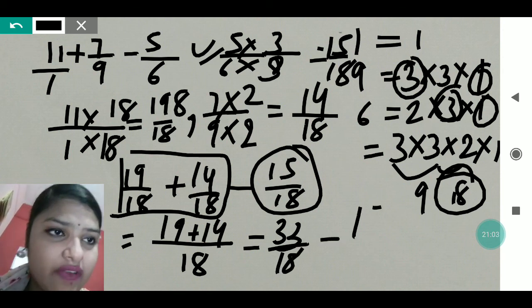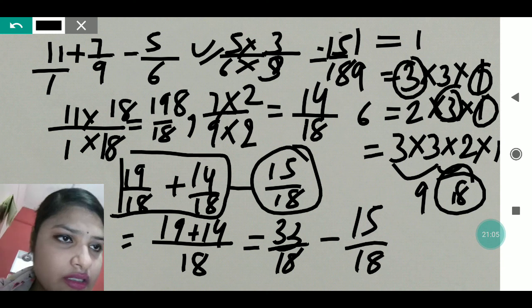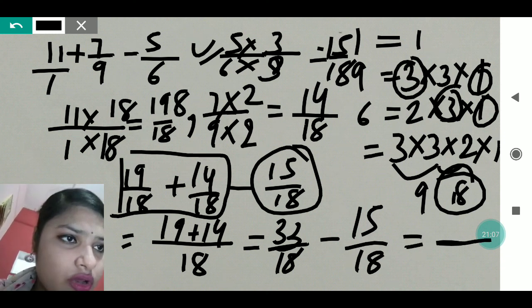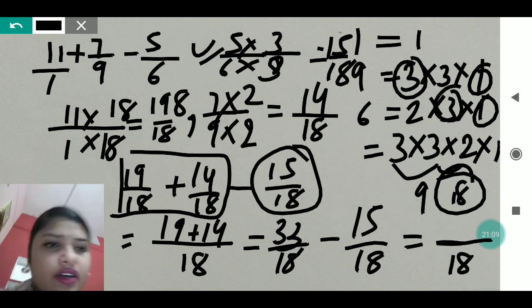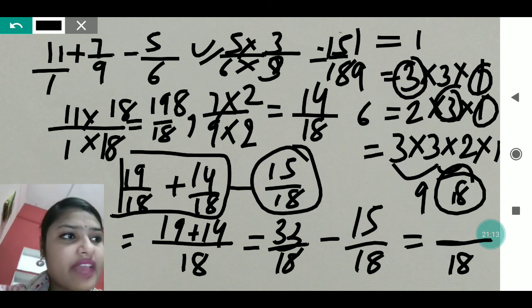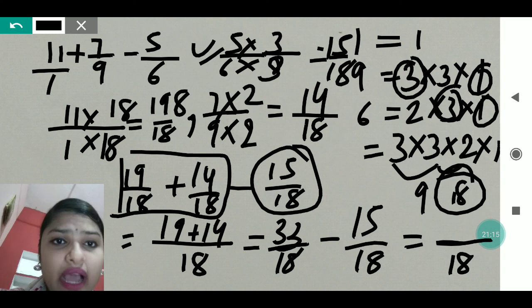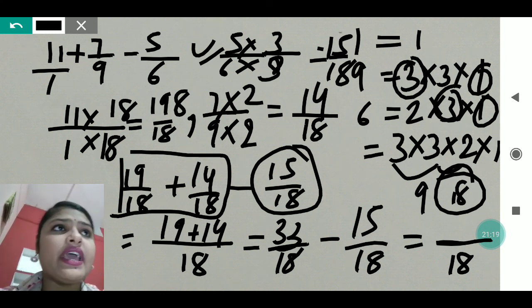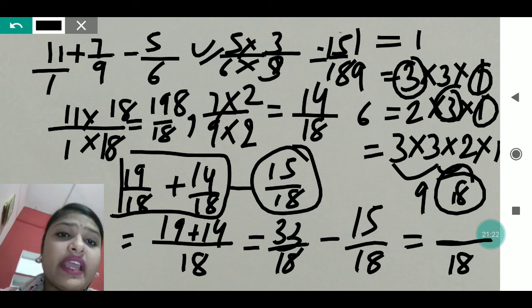Now you have to subtract 15 by 18. When you subtract these two, the common denominator will be 18 only. Okay, 33 minus 15 you will do now. When you do 33 minus 15, what will you get? You will get 18.